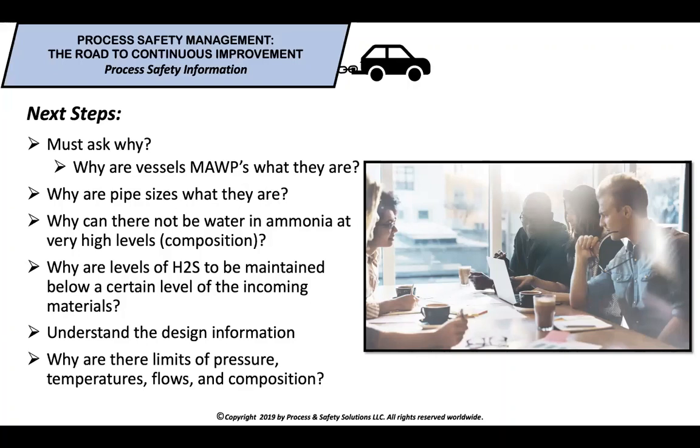Same way with H2S, for example. Why are those levels maintained in your incoming gas streams? We know that H2S, as it reaches much above 5 ppm to 10 ppm, can increase corrosion rates, etc. So we have a safe limit, say at 5 ppm, and the consequence, if we exceed that limit, is increased corrosion rates.